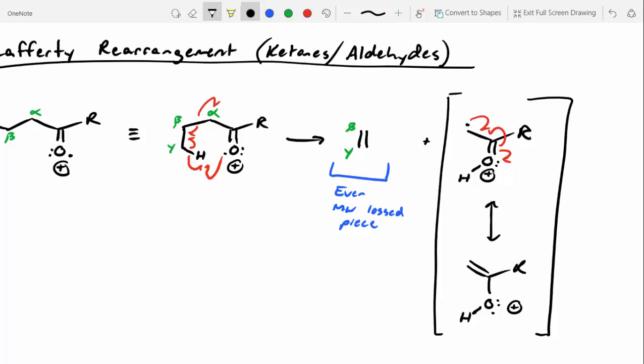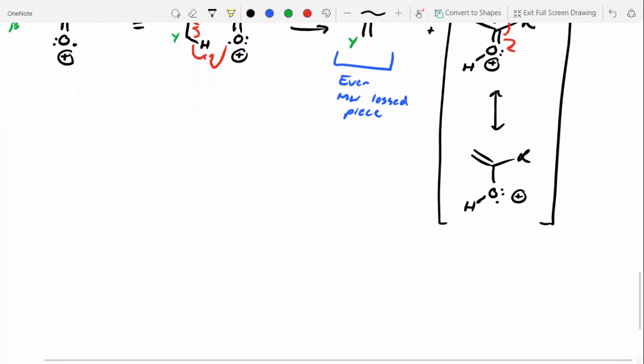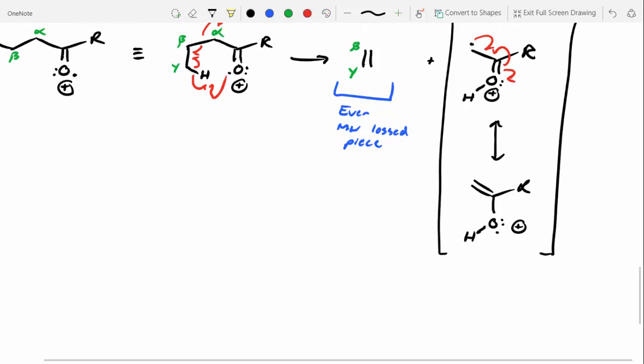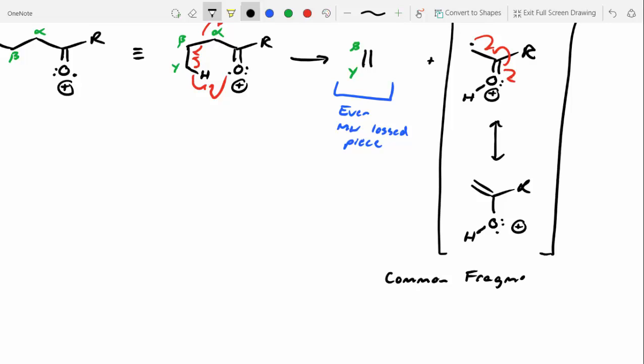All right, so now let's take a look at common fragments for the McLafferty. So what if that R is a methyl group? What will this fragment weigh?